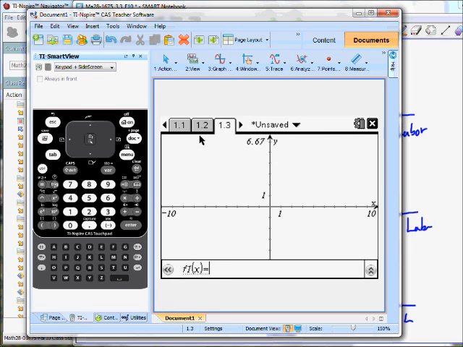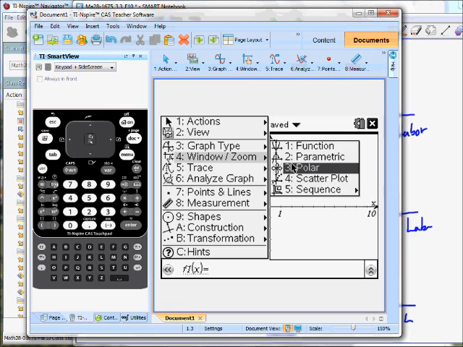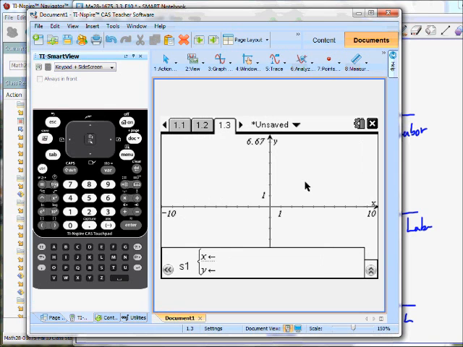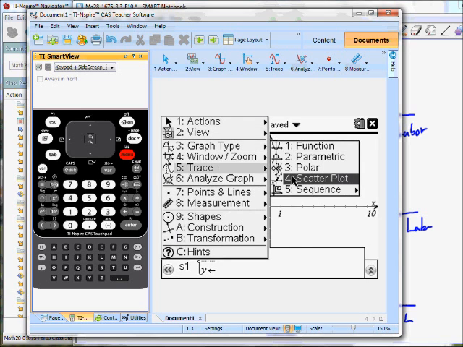I'll go through this kind of slow. I have to go into graph type, and a graph type would be a scatter plot. Okay, I'll do that again. Menu, graph type, and scatter plot. That's how I can get a scatter plot. So I could have done that for the other ones too. I just chose not to.